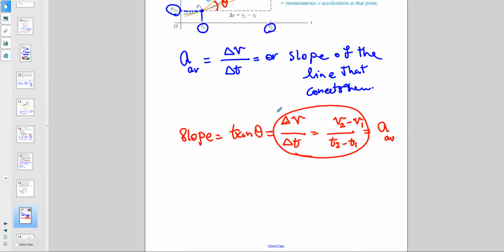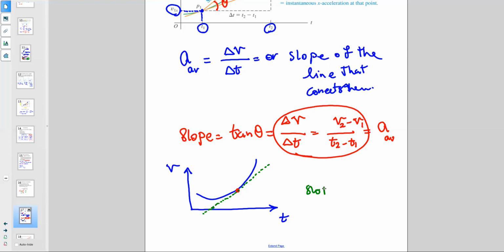If I draw a vt graph like that, and I'm asking you to find the instantaneous acceleration at that point, then what you have to do is draw a tangent line and find the slope of that tangent line.